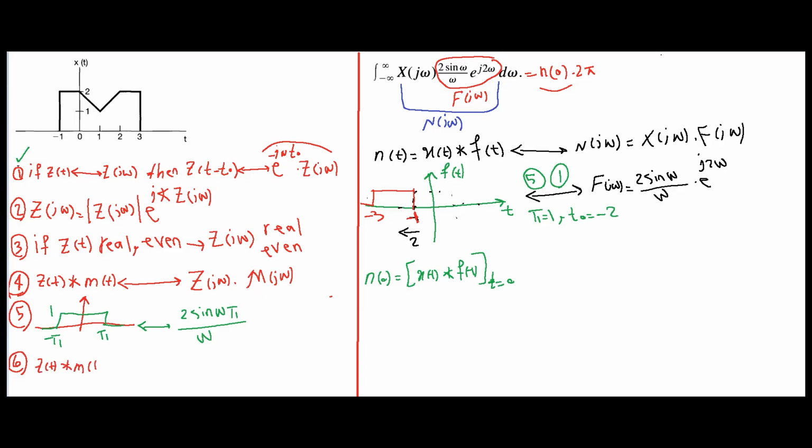According to the sixth point, the convolution of two signals z and m is equal to the integral from -infinity to +infinity of z(τ) multiplied by m(t - τ).